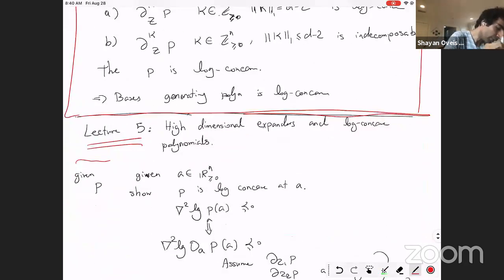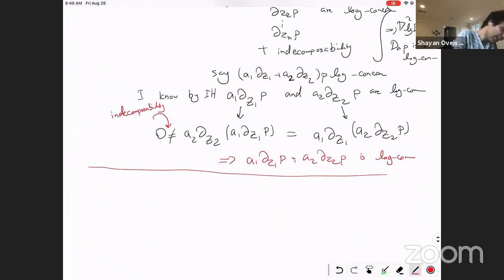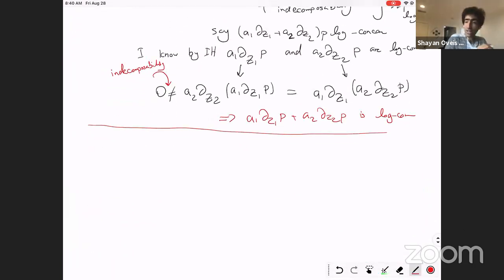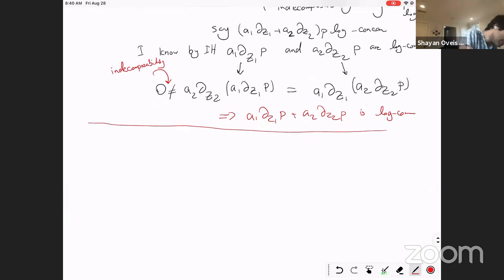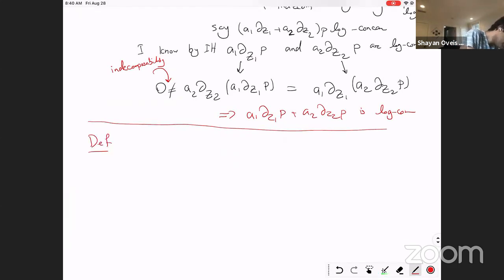I want to say one more thing before we change the topic. I talked about log concave polynomials. There's a more general class of polynomials that we call completely log concave polynomials. So what is this class?